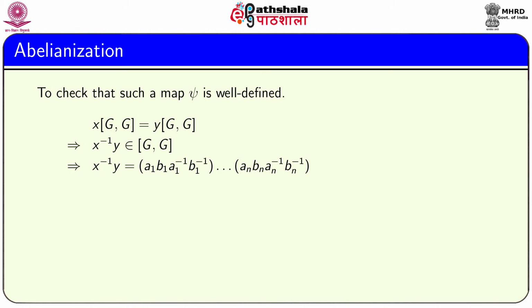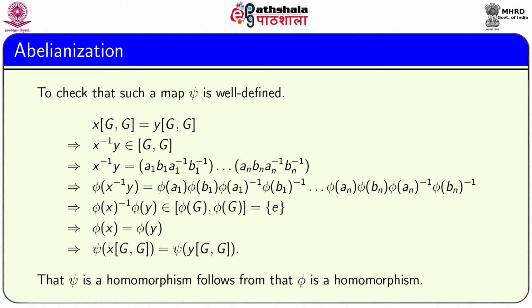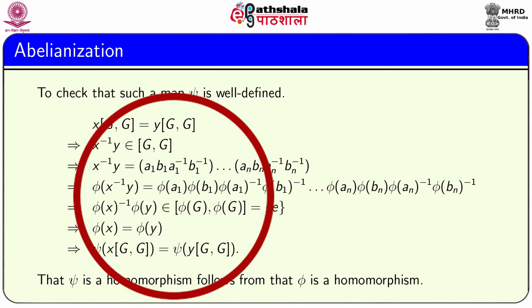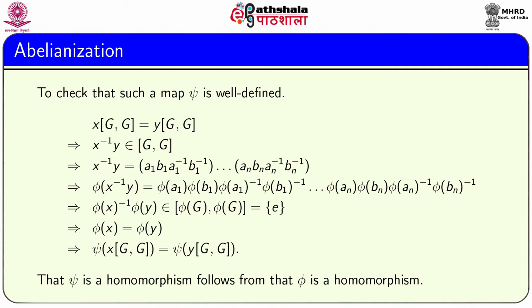Then x inverse y is an element of the commutator subgroup G', and that is x inverse y is of the form a1 b1 a1 inverse b1 inverse, and so on up to an bn an inverse bn inverse, which implies that phi of x inverse y is equal to phi of a1, phi of b1, phi of a1 inverse, phi of b1 inverse, and that gives us phi x inverse phi y is an element of the commutator subgroup phi G', and that is equal to identity.